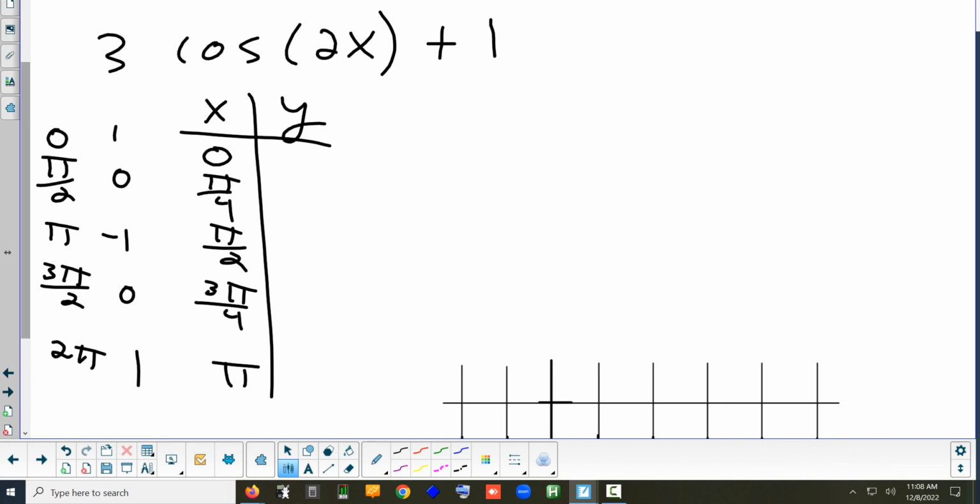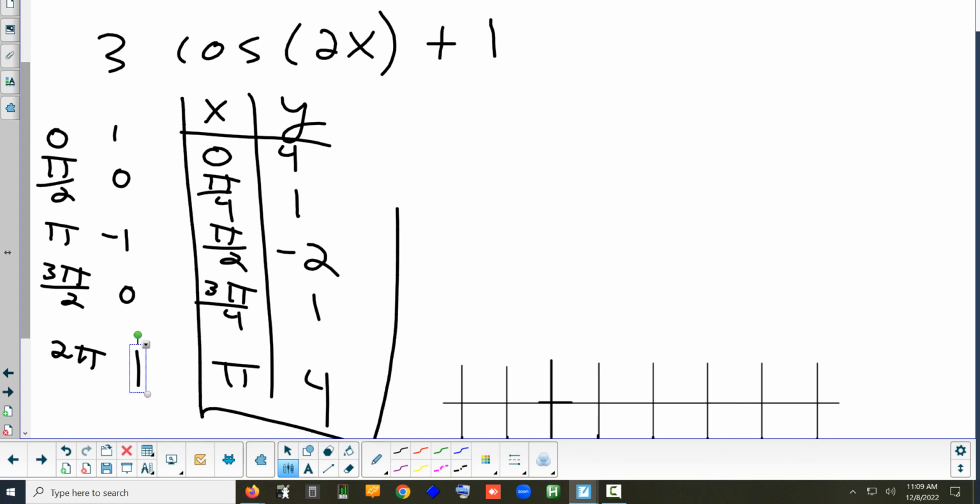So 1 times 3 plus 1 gives me 4. 0 times 3 plus 1? 1. Negative 1 times 3 plus 1? Negative 2. Then 1. And 4. I thought for one of those you're supposed to do like the reverse. Or is that only for the x side of the parentheses? That's only for a phase shift or horizontal shift.